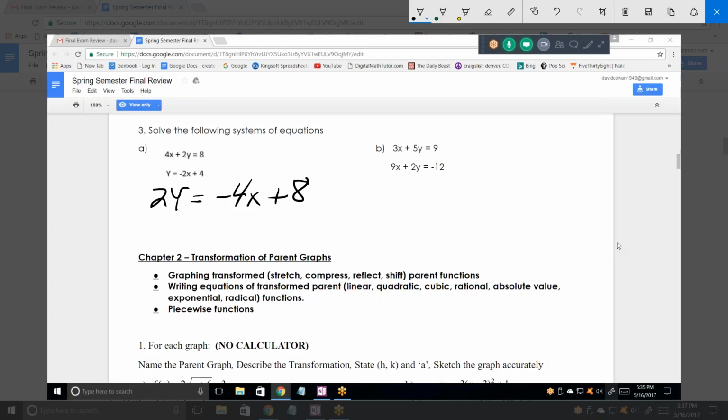I move the 4x over, I get 2y plus 4x equals 8. That's equation 1. This is not an independent equation. You don't just need two equations to solve a system of equations. You need two separate equations.